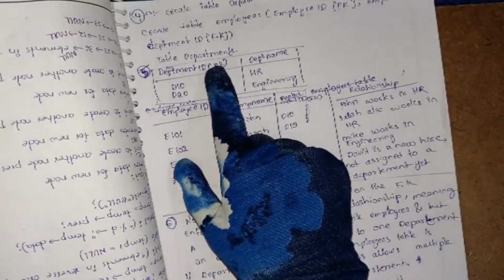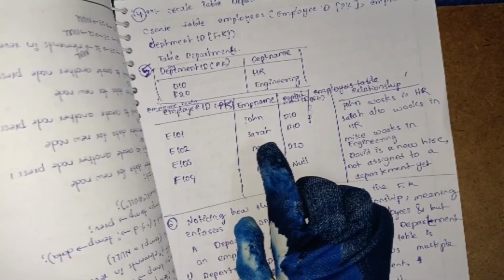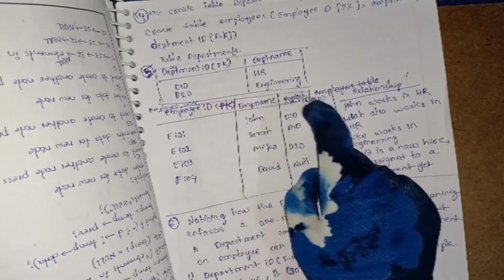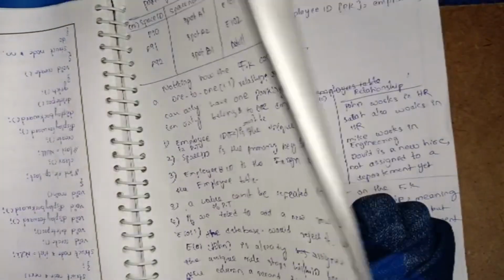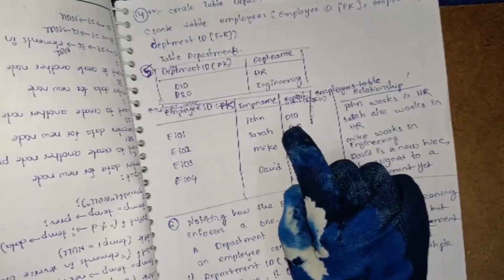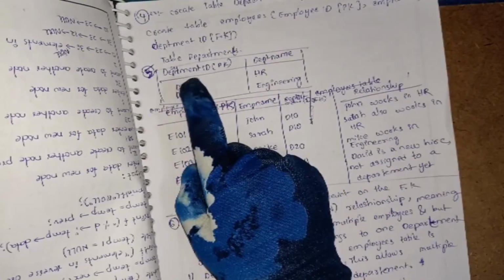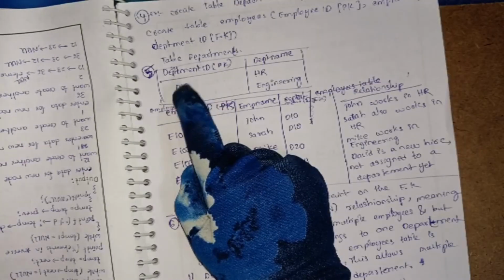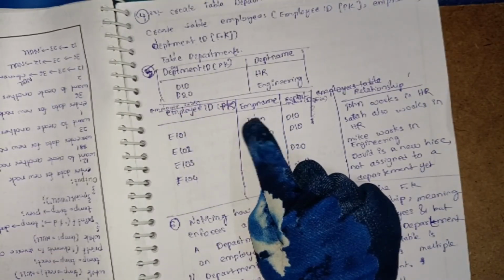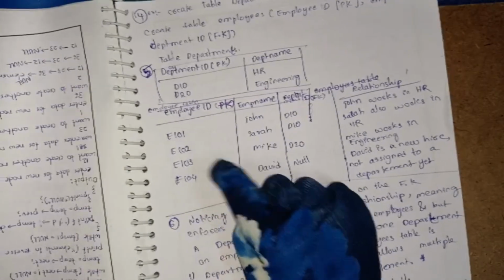Here the first table is department and the second table is employee. So one row, D10, is related to John and Sarah, which means multiple rows of the second table.